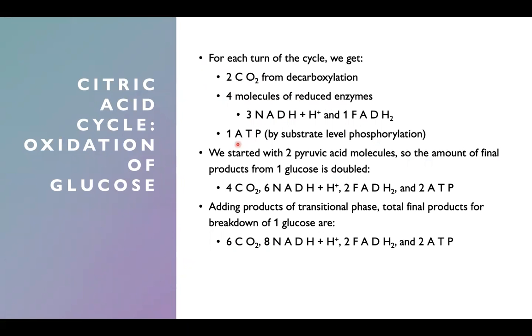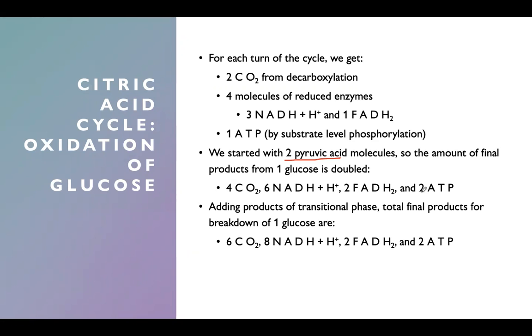But remember that we started with 2 pyruvic acid molecules. So the cycle goes around twice and our final products from 1 glucose are doubled. So from 1 glucose, we get 4 CO2s, 6 NADHs, 2 FADH2s, and 2 ATPs.